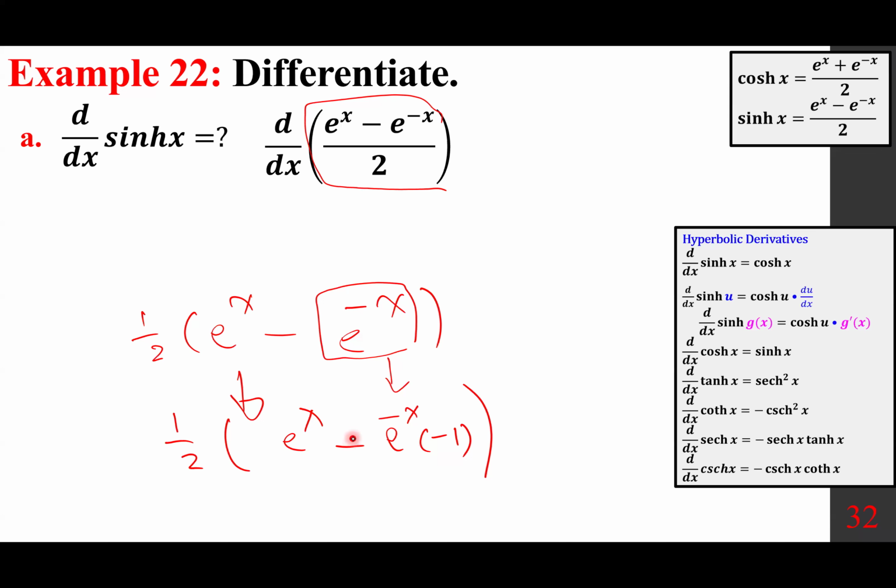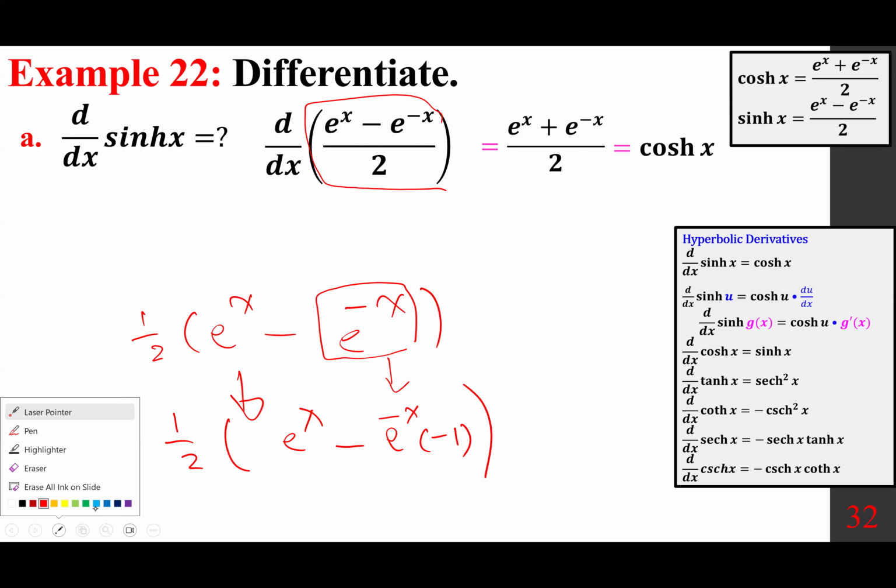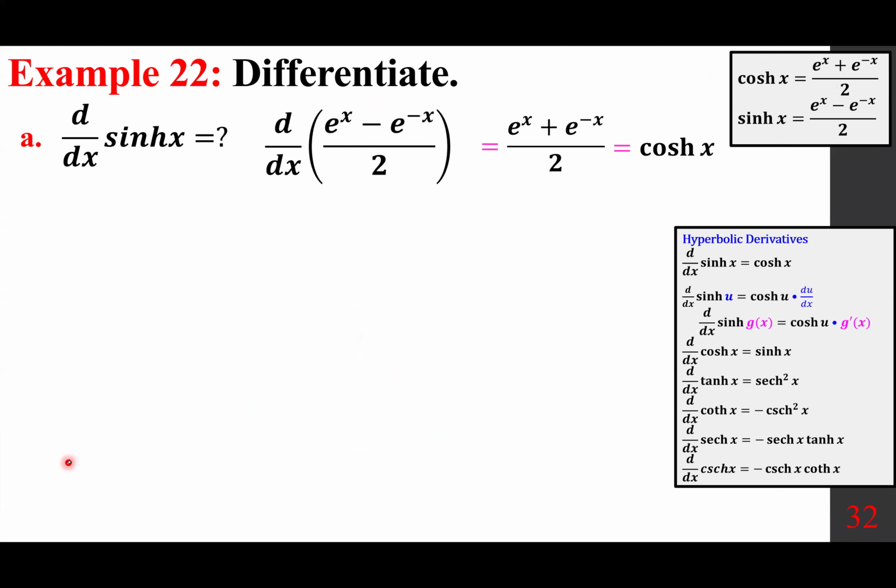And this becomes plus. And I hope you see that this is the same as e to the power of x plus e to the power minus x divided by 2. What is that equal to? cosh x. So we just proved that. And I'm going to highly recommend you prove the derivative of cosh is sinh x exactly in the same manner. That would be a good practice, everybody.